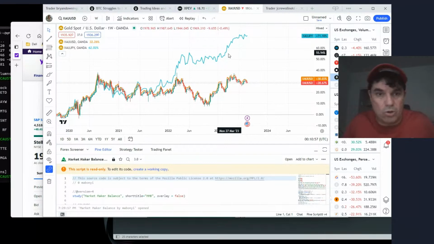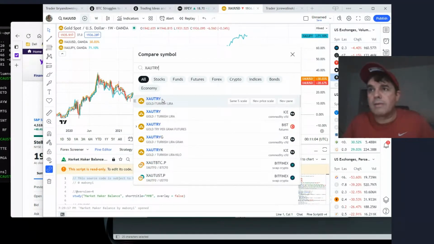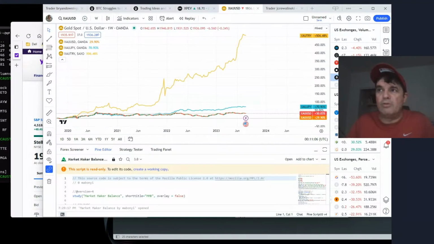But here's how you know it's moving the way it should. If you look at this currency, the Turkish lira, this is how gold should be moving. You get a 500% return over the Japanese yen and US dollar, and that's a solid trend since 2020.